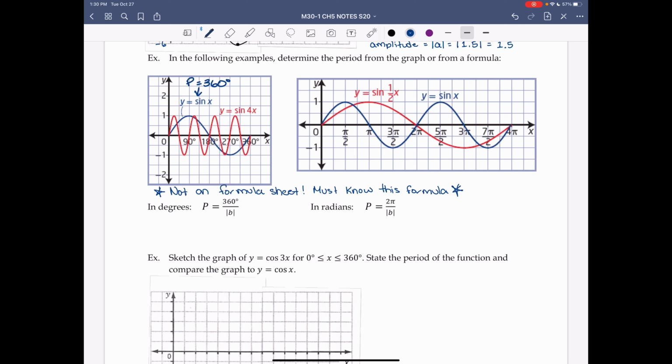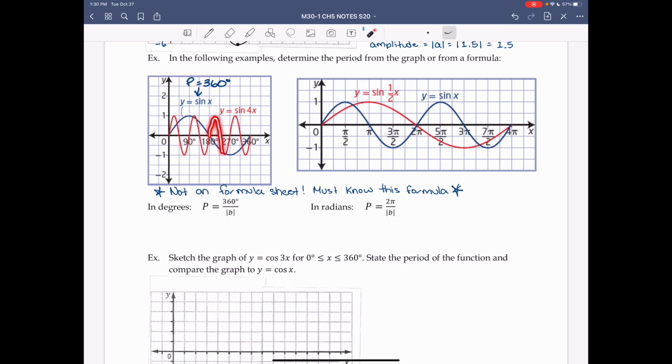Let's look at sine of 4x. We start at (0, 0), we go up, come back down, and go up back to 0. Then from this point, we're repeating up, down, back to 0.